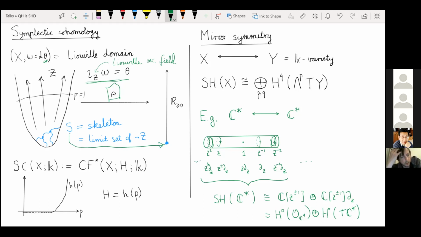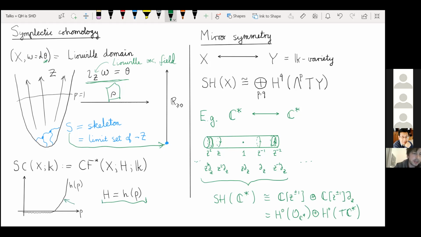Okay, so we can define this symplectic cochain complex of X by taking exactly the same definition that I showed for Hamiltonian flow homology in the previous slide, but for a specific class of Hamiltonians H, which are adapted to deal with the non-compactness of X. These Hamiltonians should be obtained by taking a function of rho, where the graph of this little h looks like this here.